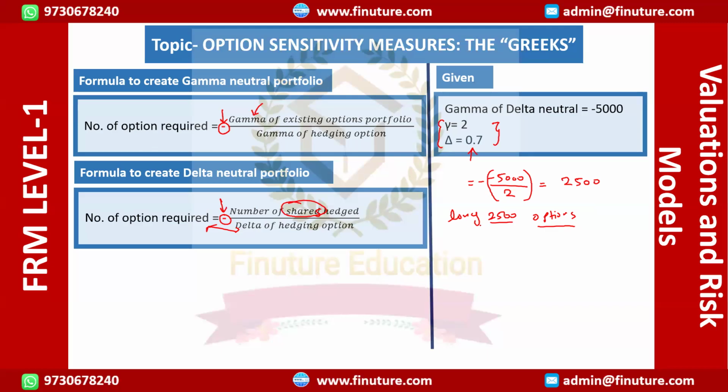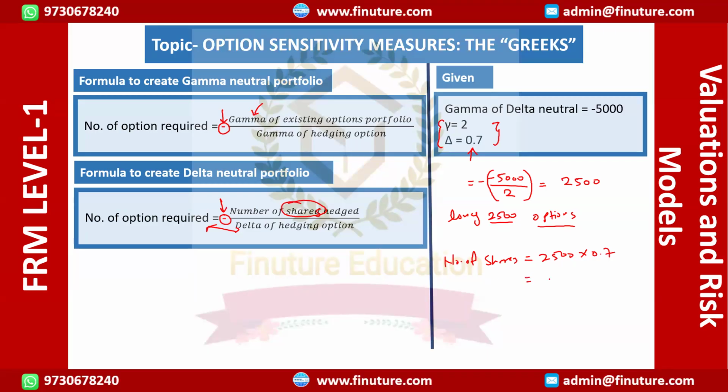The number of options that we have is 2500, and the delta of the option that we used is 0.7. So the number of shares we need to make it delta neutral again would be equal to the number of options we purchased, 2500, times 0.7. So 70% of 2500. How much would it be? 10% would be 250, so 250, 250, 250, up to 1750.